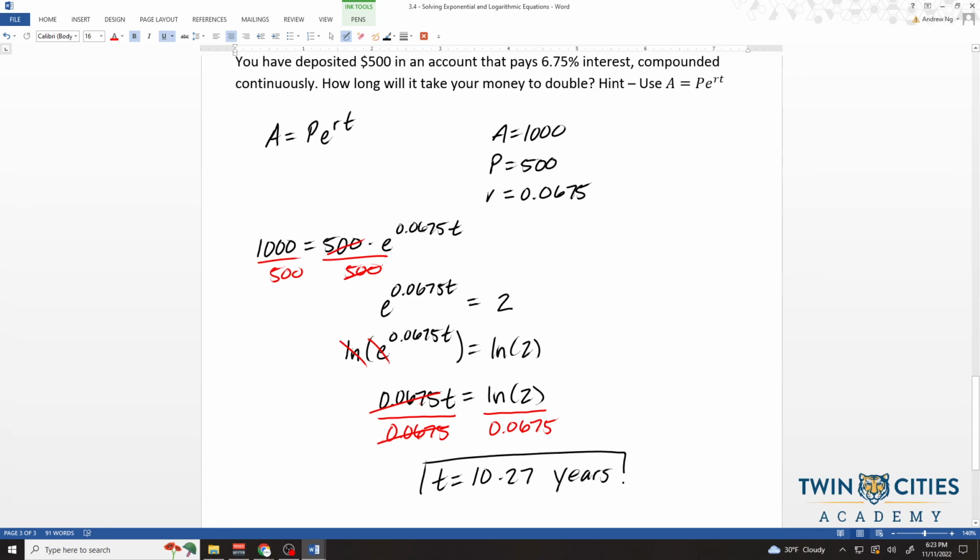In order for your money to double from $500 to $1,000 in this account, it's going to take about 10.27 years to do it.